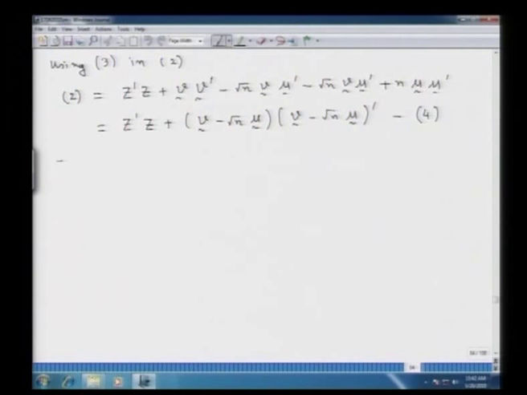So, this would imply now that the joint PDF of this Z matrix, which is n minus 1 cross m, and V, which is an m by 1 vector, is given by, now the constant part remains as it is.